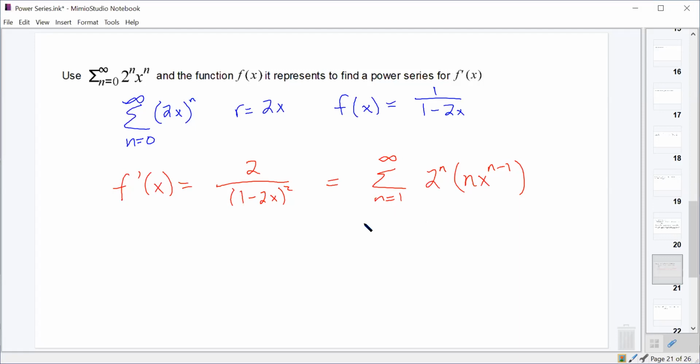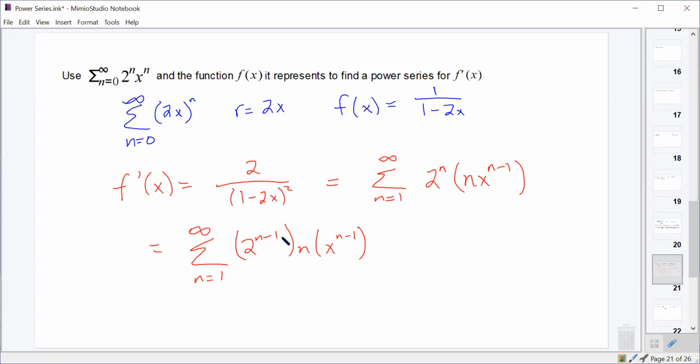And we should be able to rewrite this a little bit more simply, because it'd be nice to have everything that is my common ratio being to a power of n minus 1. So how could I turn 2 to the n into something that's 2 to the n minus 1? I just make it 2 to the n minus 1, right? And then I have an n, and then I have an x to the n minus 1.